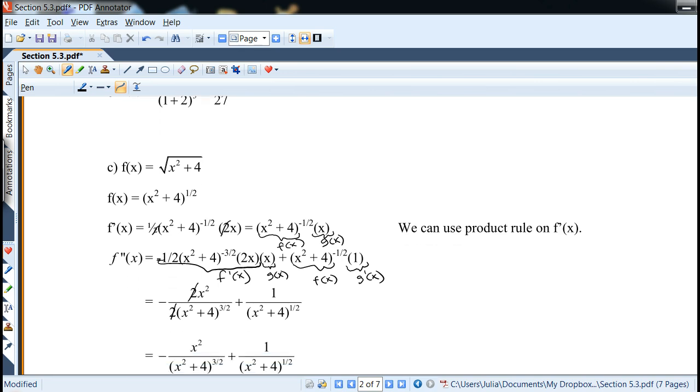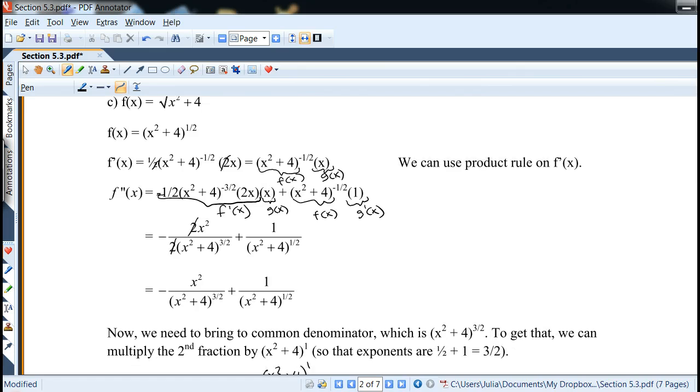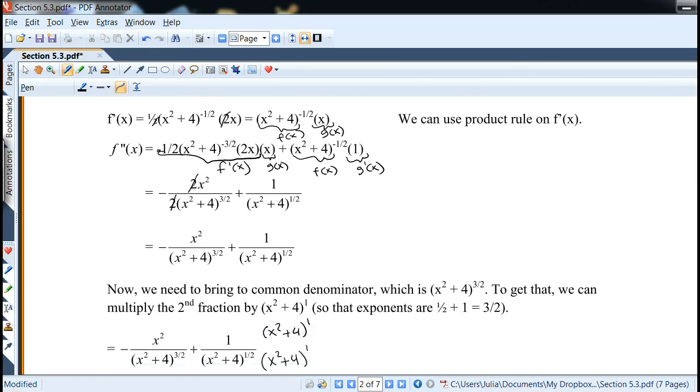So what do we do? Here's the tricky part. So this is the simplified version where I already canceled the 2. The tricky part is how do we bring this to a common denominator? You have to think really hard because of fractional exponents, but the idea is it's already x squared plus 4, but to get from the 1/2 to the 3/2, what can you add to it?